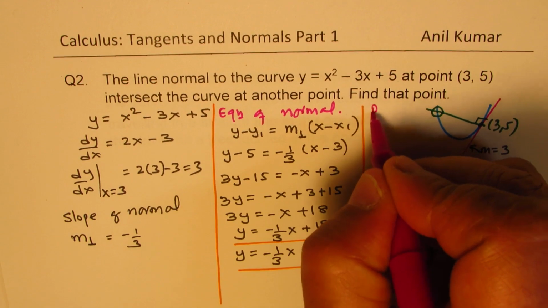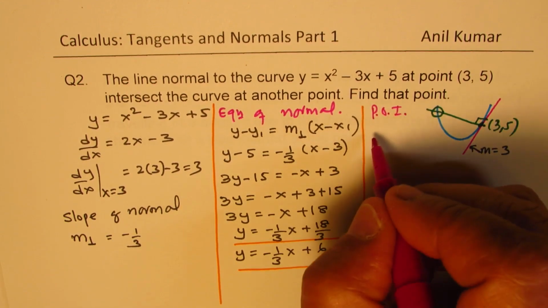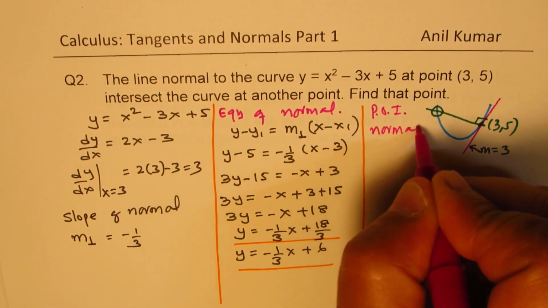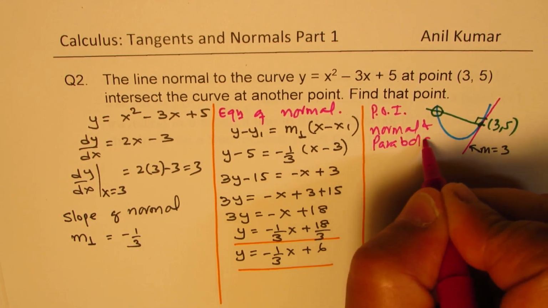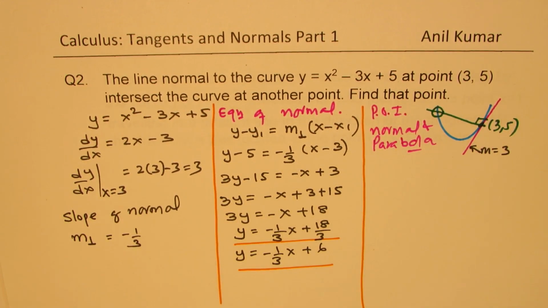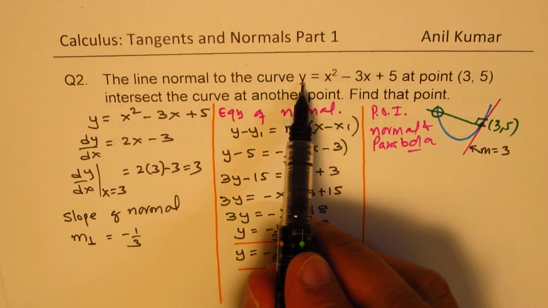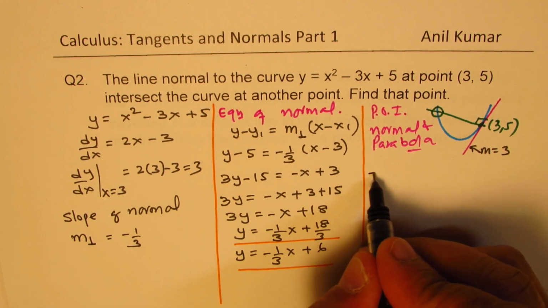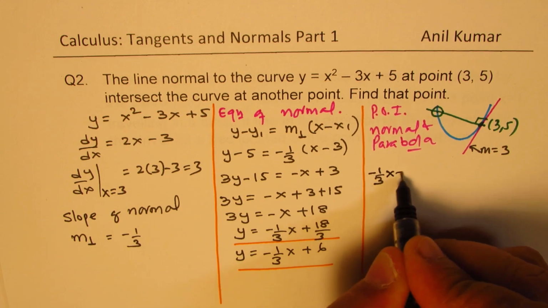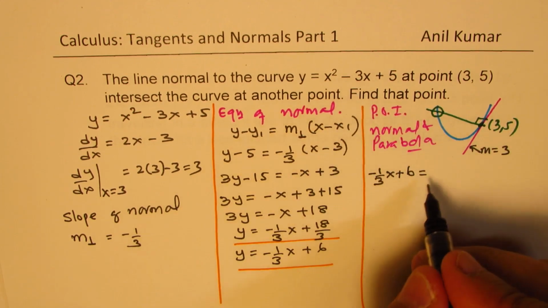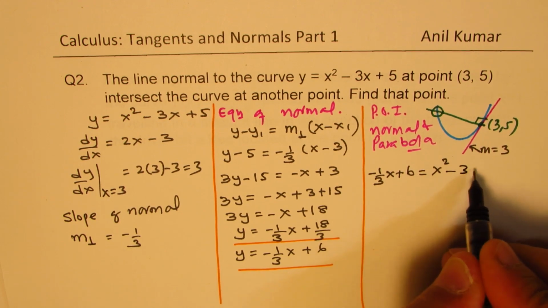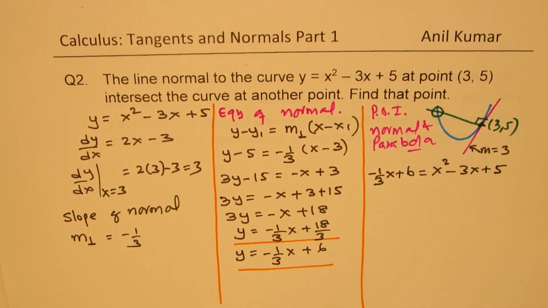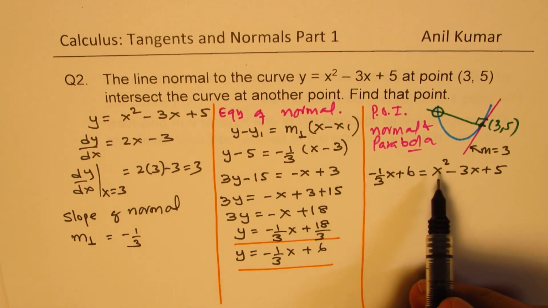Now let's find the point of intersection of the normal and the parabola. What we are going to do is substitute this y value, minus 1 over 3x plus 6, into the equation x squared minus 3x plus 5, and then we can find the value of x, correct?